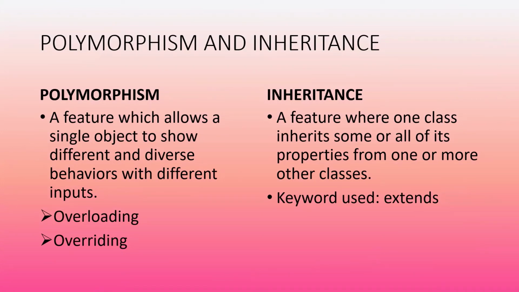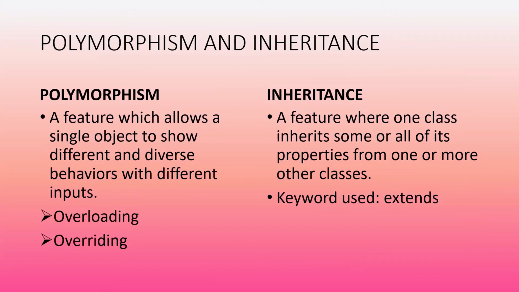So there's no confusion in mixing types. You can put whatever type you want with the same function name, and you get your desired output. There are two types of polymorphism: overloading and overriding. Overriding will be discussed in the subsequent videos, while overloading might have been discussed in the function video.